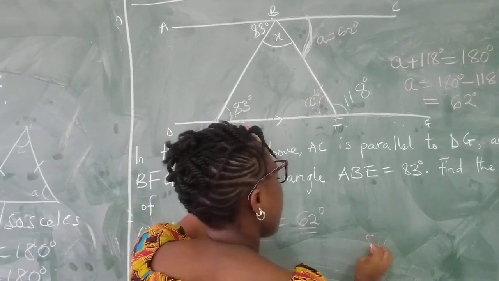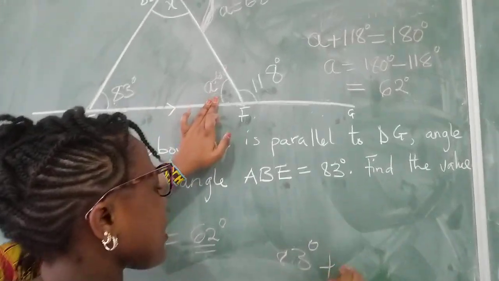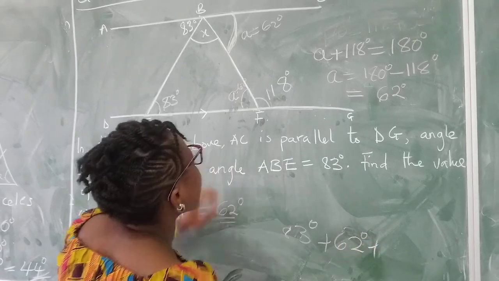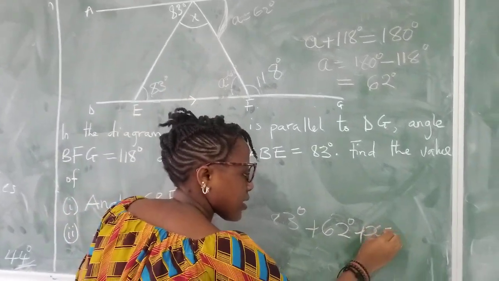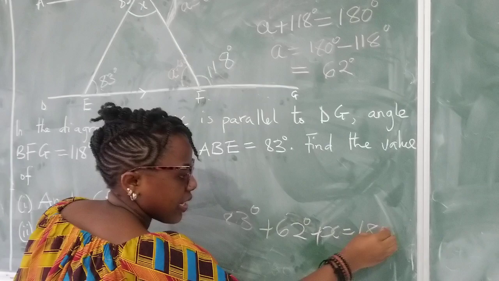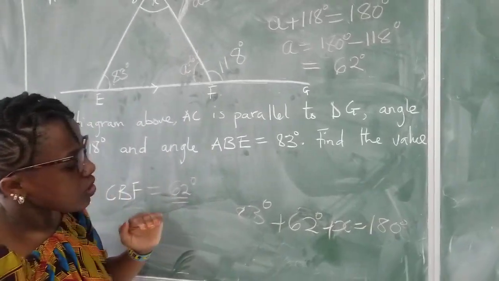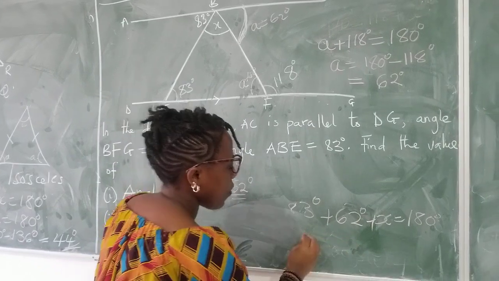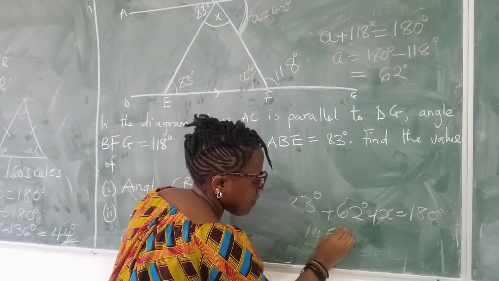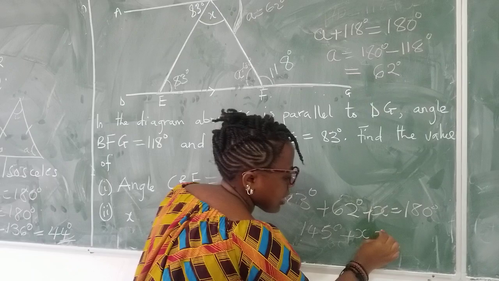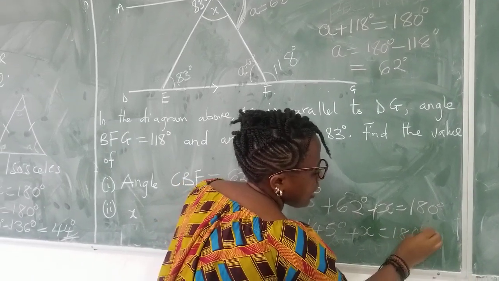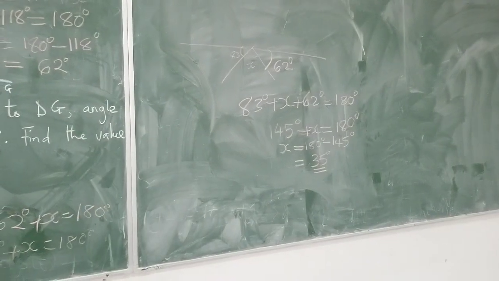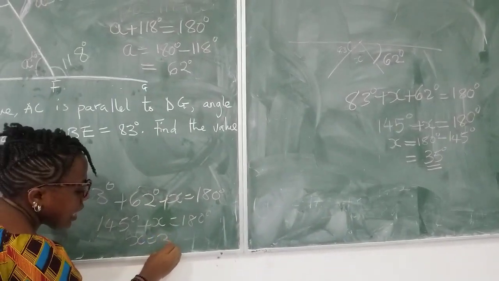So we can have 83 degrees plus 62 degrees plus this angle x will give us 180 degrees. If we sum 83 plus 62, it will give us 145 degrees plus x equals 180 degrees, which again takes us to the same place as we had, and we obtain our x to be 35.